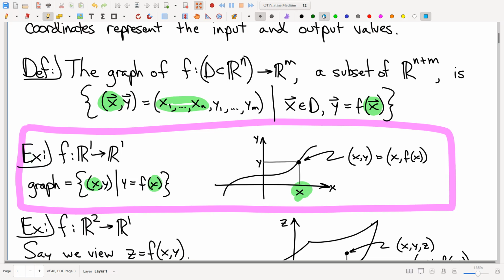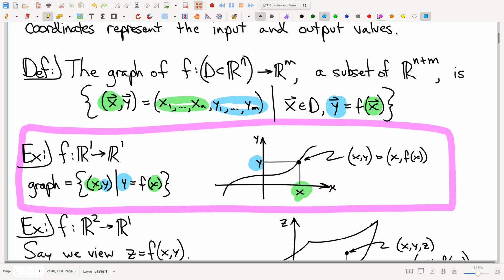And then we're going to take the corresponding output values. Now again, what comes out of the function? I guess we'll call that y, possibly several coordinates in the y vector. And we will list those next, just right after your input variables. So likewise here, what comes out, we list next. That's the output value.